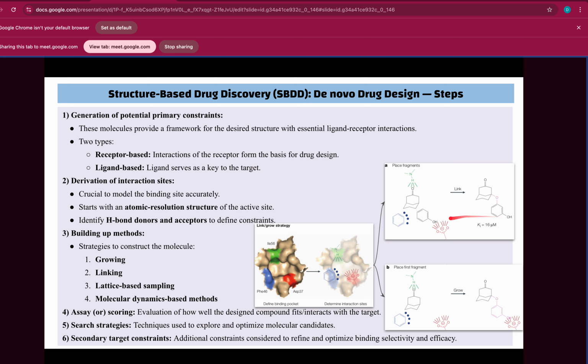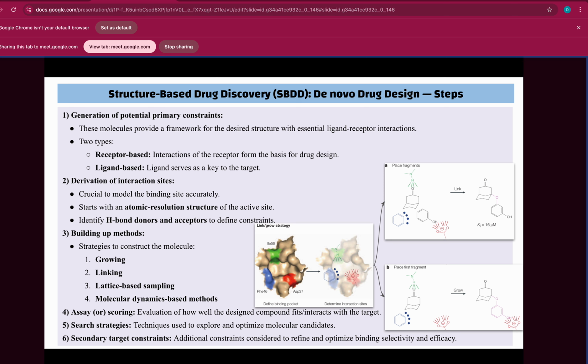Now after linking these groups, linking is done. Now its activity will be identified, whether it is active or not. After activity is calculated, I can grow also. I can add other functional groups to optimize the structure of my ligand molecule. After all this linking and lattice based sampling is done, we need to perform molecular dynamics simulations, in which we will see whether this structure is stable or it can disintegrate.